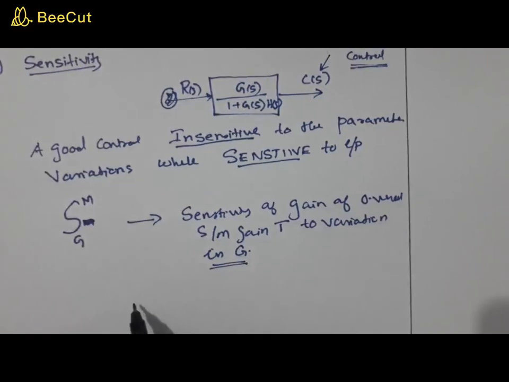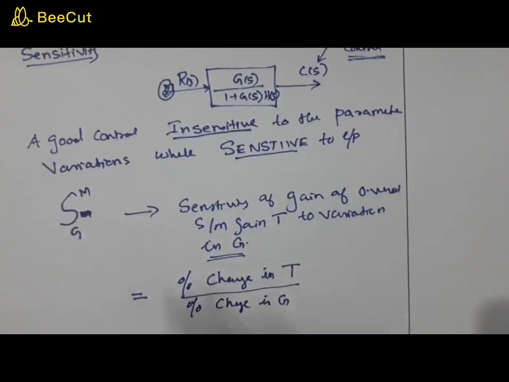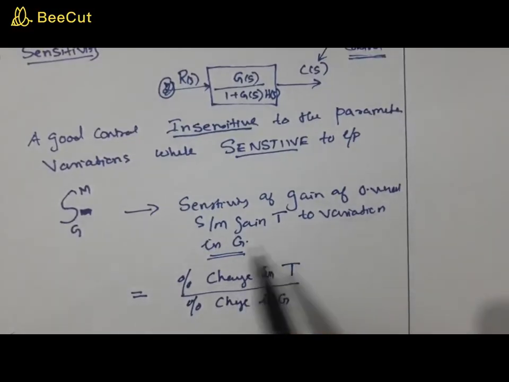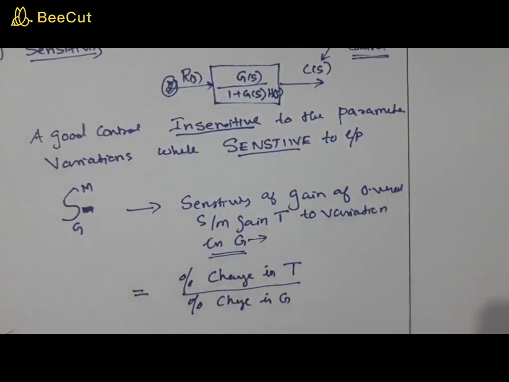Now this is defined as the percentage change in T, that is the overall system gain, divided by the percentage change in G, that is the forward gain. So what is this G? G is the forward gain, as I told you.